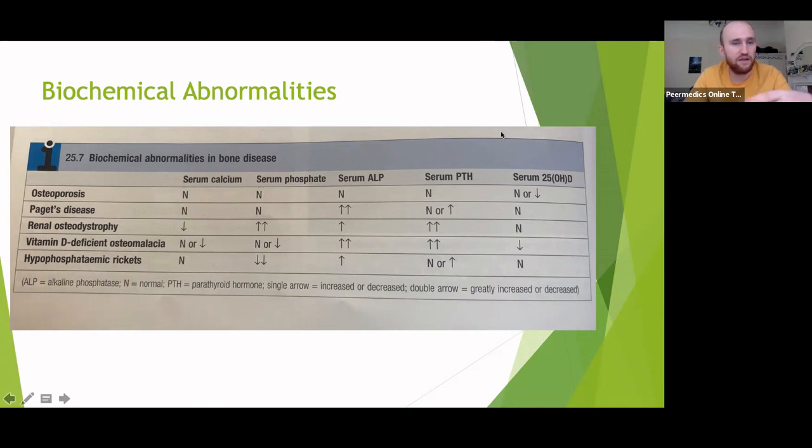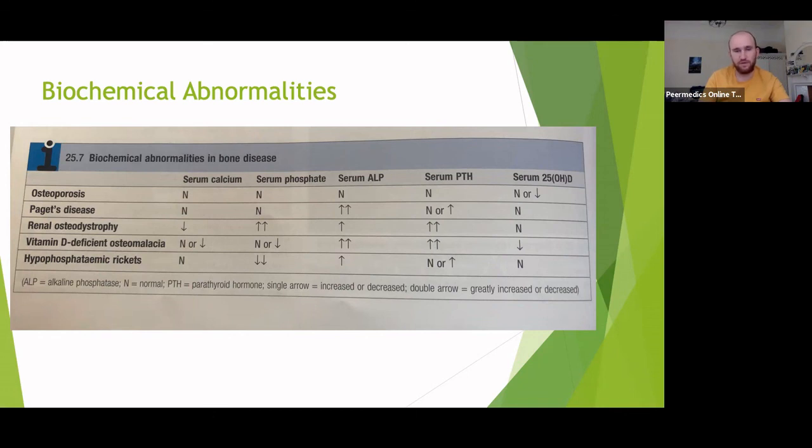If you're presented with a load of results, you can try and pick that apart and figure it out, and that'll probably be better. So if you see a low serum calcium, and a really high PTH, or a low PTH, that doesn't make sense. Then that's probably hypoparathyroidism.